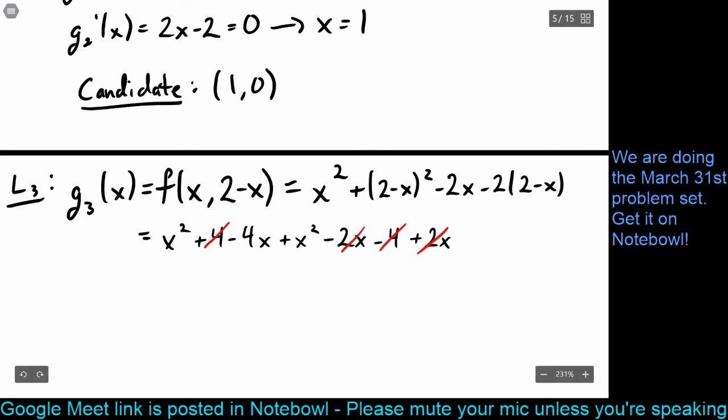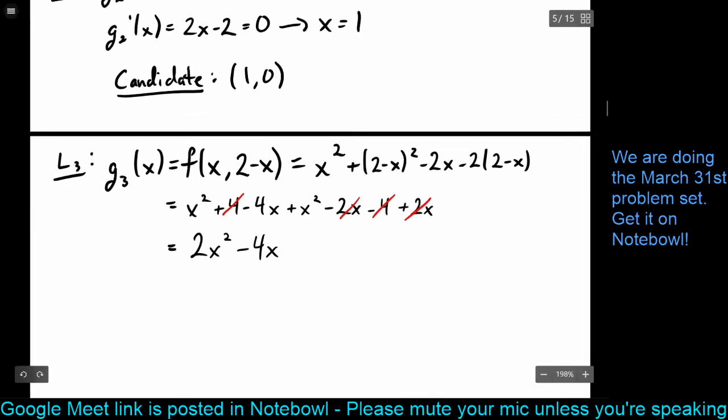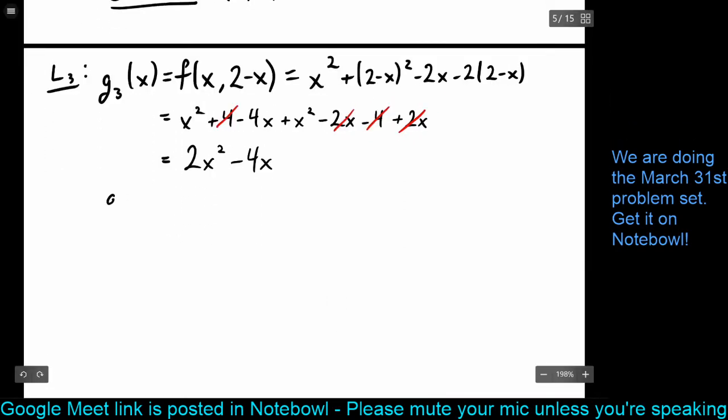So this is 2x squared minus 4x. Awesome. And now we just do the same thing that we've been doing. So g3 prime of x is going to be 4x minus 4. Set that equal to 0, and this tells us x equals 1.